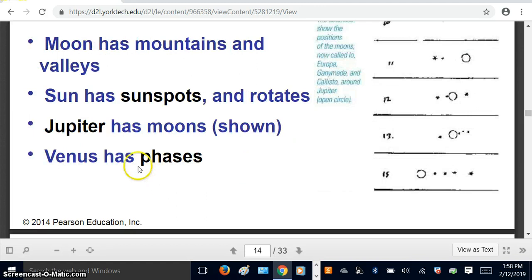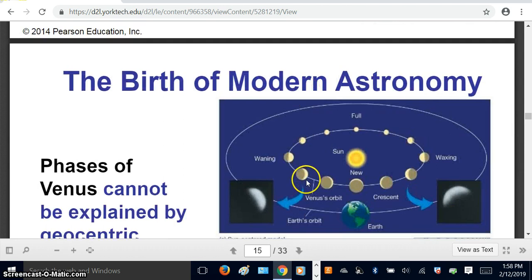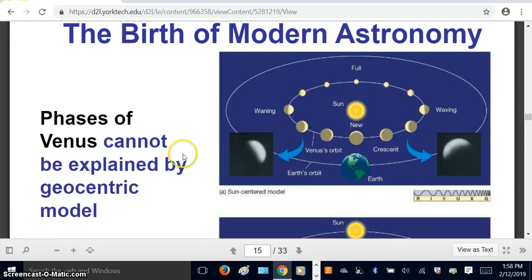The other thing that he noticed was the phases of Venus. So Venus doesn't appear as a complete disk. Here's a nice picture on the PowerPoint. So the thing is, if you go back and you think that the geocentric model is correct, right? Everything goes around the Earth.